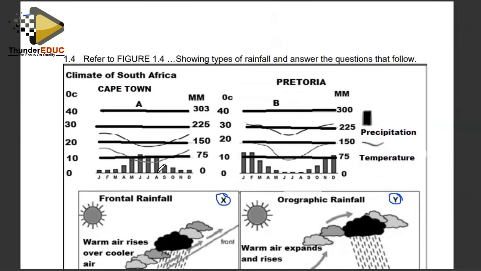What is happening here? Rainfall is high during these months. What about the temperature here? The temperature is low. So the relationship is that Cape Town receives much of its rainfall when the temperatures are very low, just 10 degrees Celsius. That is where it is experiencing the highest bars of rainfall.